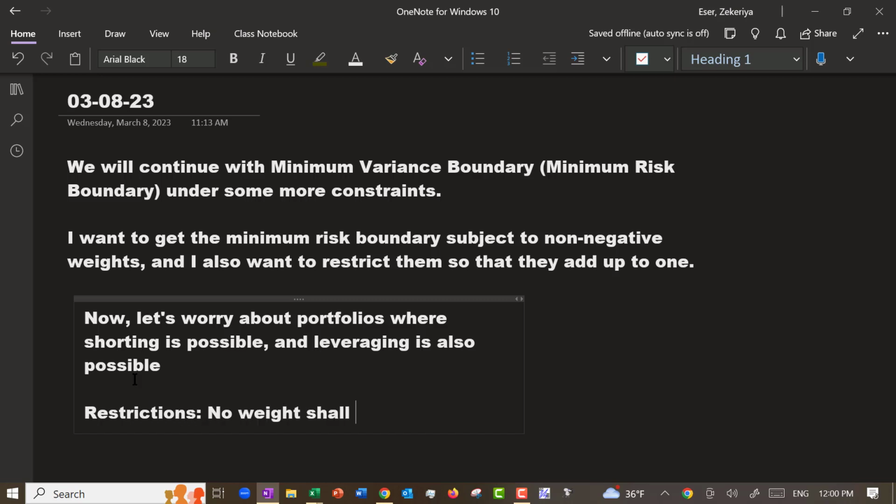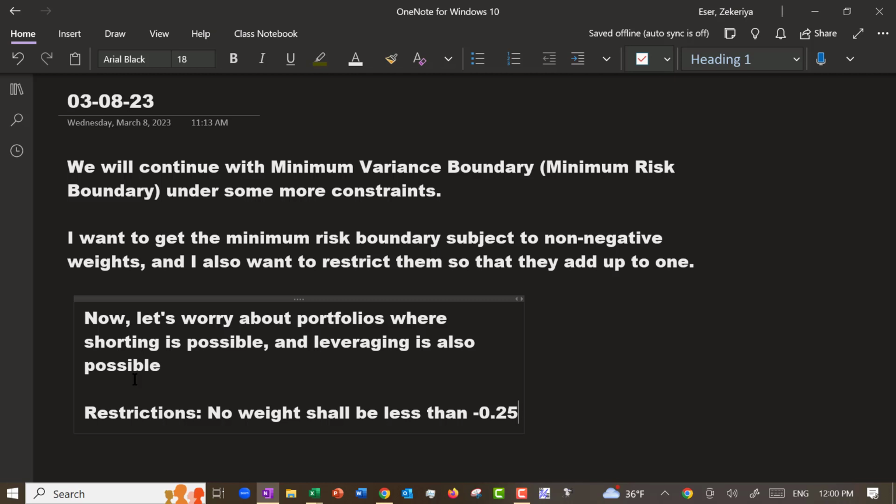No weight shall be less than negative 0.25. So even if you short it, I'm not going to let you short more than a quarter of the portfolio size, okay?